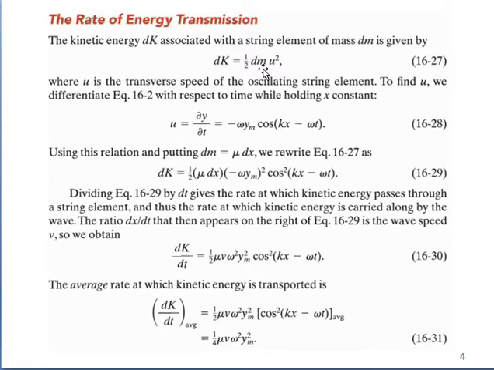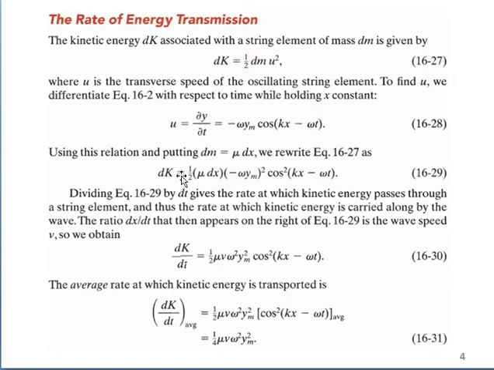Doing so, we get dk equal to half mu dx into (omega ym) whole square into cos square (kx minus omega t). This is the kinetic energy.